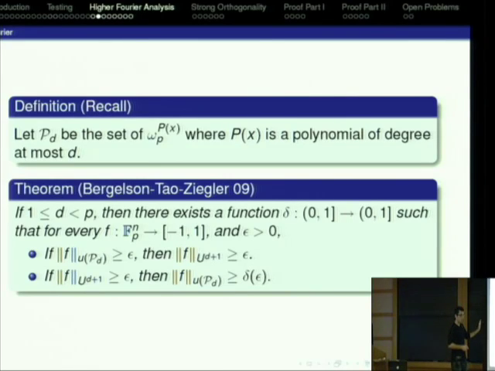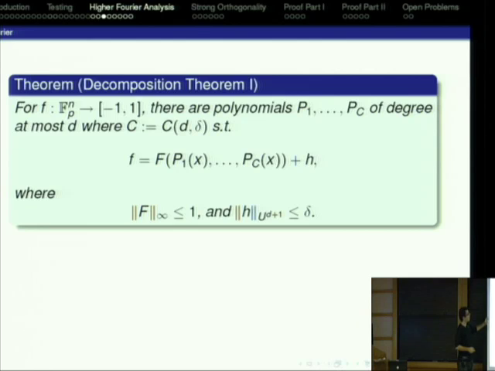In a very standard way, it's possible to use this theorem to obtain a decomposition theorem, which says the following. Take a bounded function f from F_p^n to [-1, 1]. Then there exists some c which depends on d, some parameter, and delta, another parameter, so it doesn't depend on n.